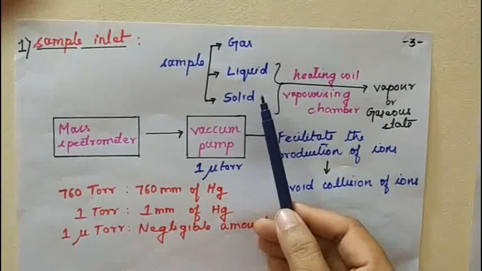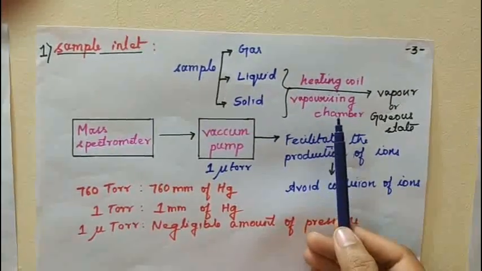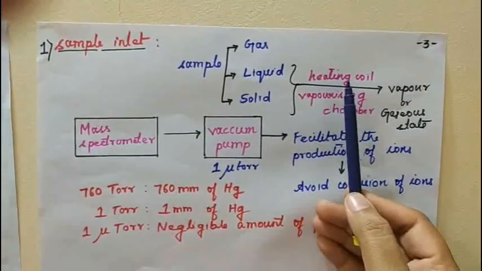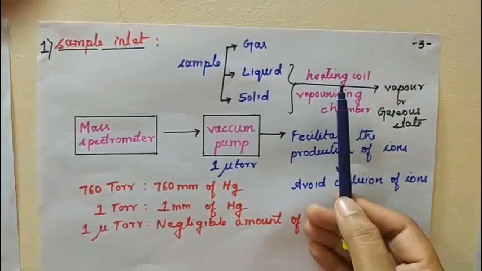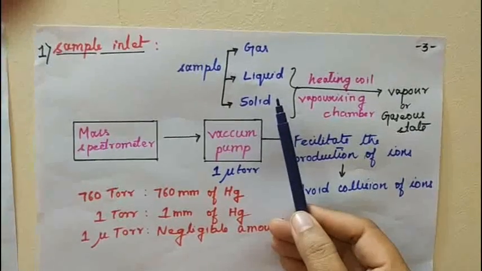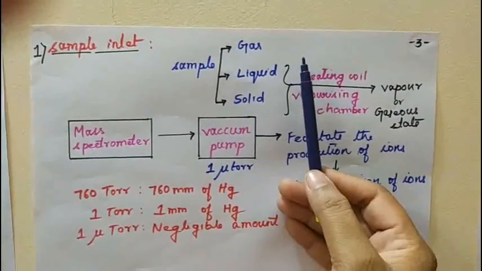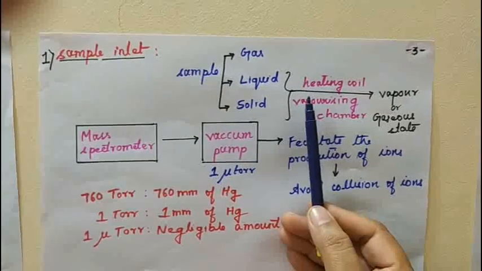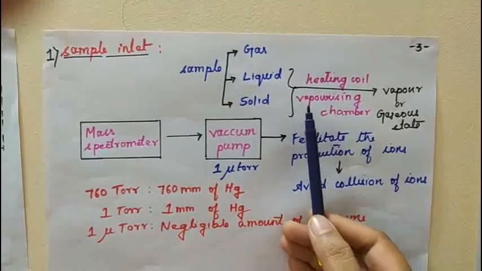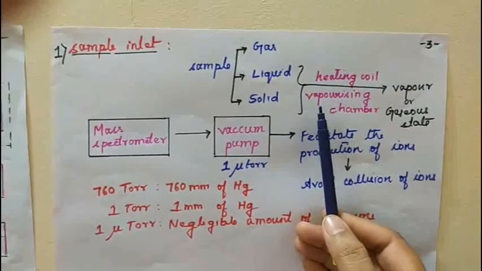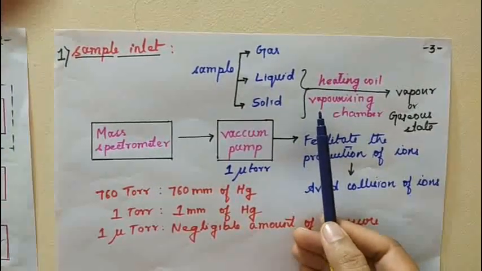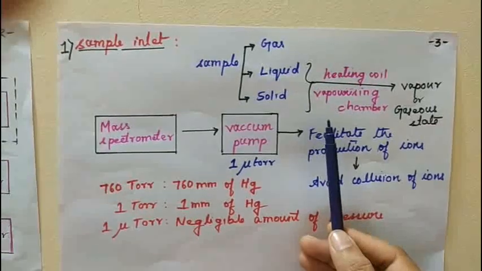For this purpose, the vaporization chamber is provided with a heating coil. When we increase the temperature of the heating coil, the solid or liquid sample vaporizes, so that we can bombard it with the high energized electrons.